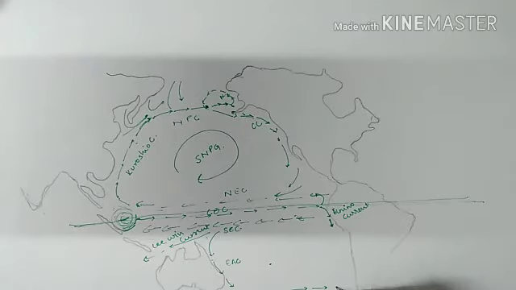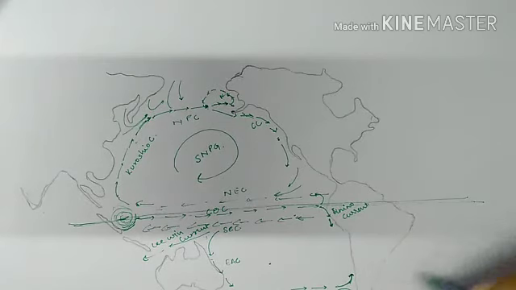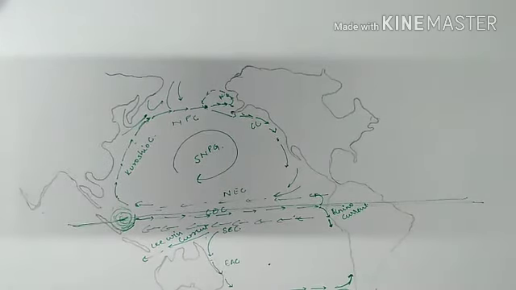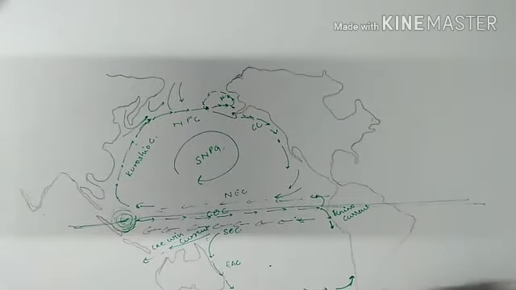And as it strikes the South American coast, it moves towards the north, and another branch moves along with the west wind drift towards the eastern coast of South America in the form of the Falkland current, which is a cold current.